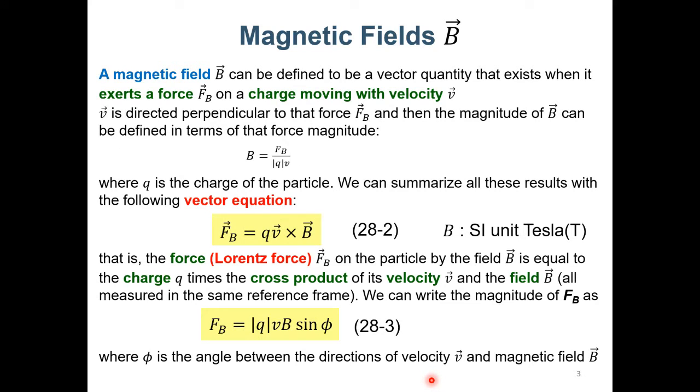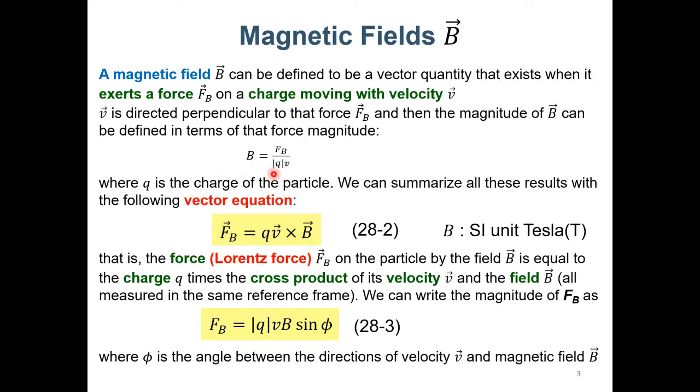So a magnetic field B can be defined to be a vector quantity that exists when it exerts a force Fb on a charge moving with velocity v. So v is perpendicular to that force Fb, and then the magnitude of B can be defined in terms of the force magnitude.